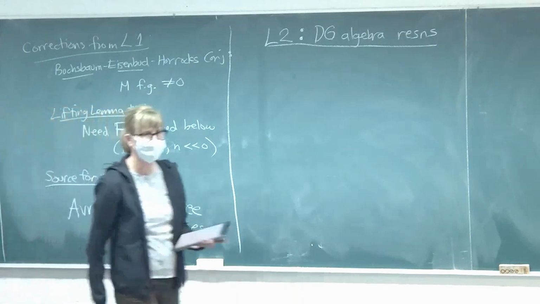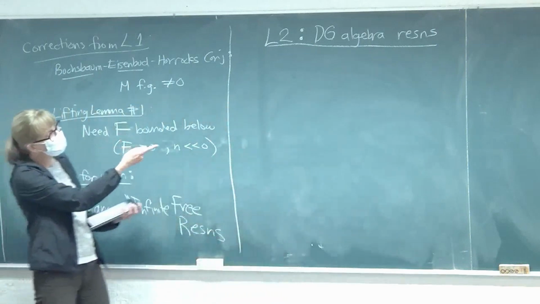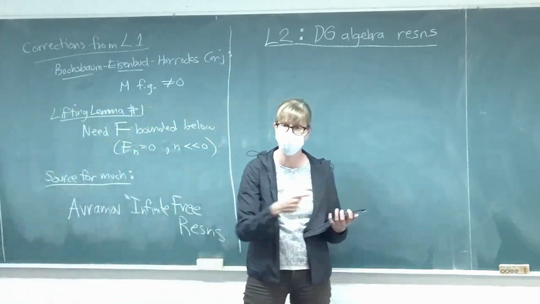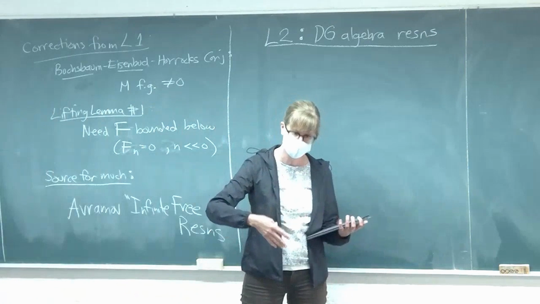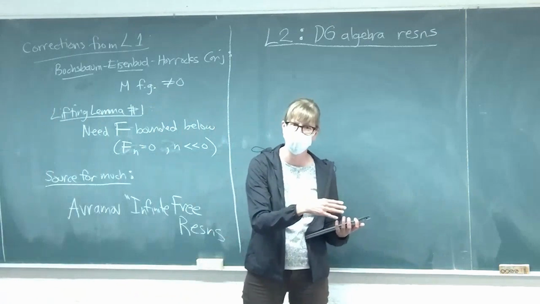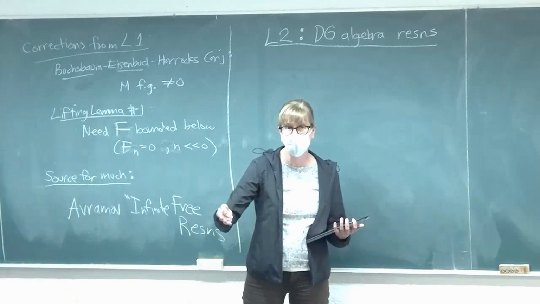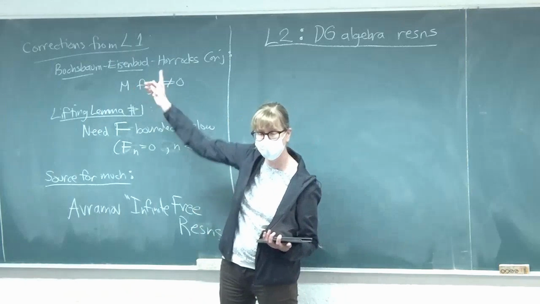Okay. All right. So last time, we learned what a DG algebra was, and we also looked at minimal free resolutions, and we discussed that sometimes they have a DG algebra structure. We did an example. There's some results that say you have one, and then there was some motivation for why you want to have one, which is the Horrocks conjecture.